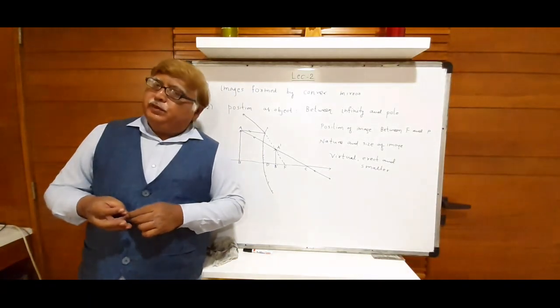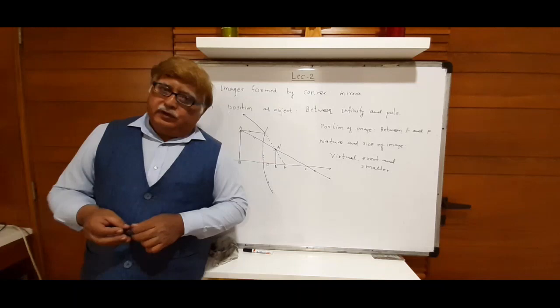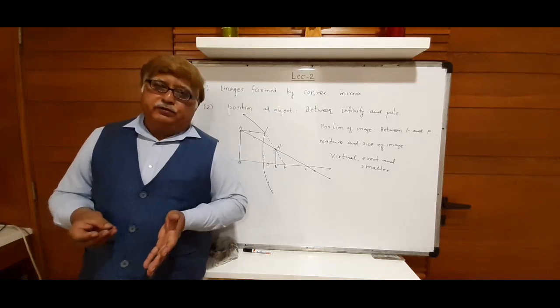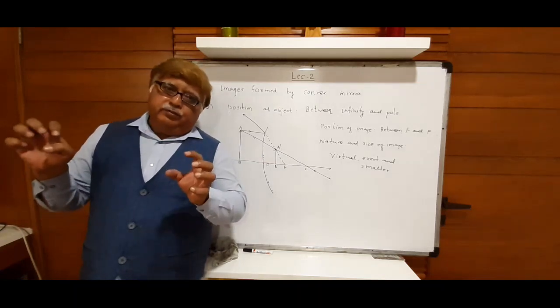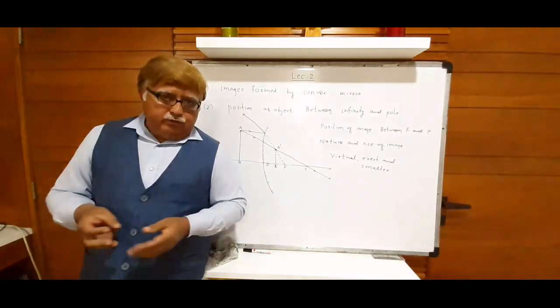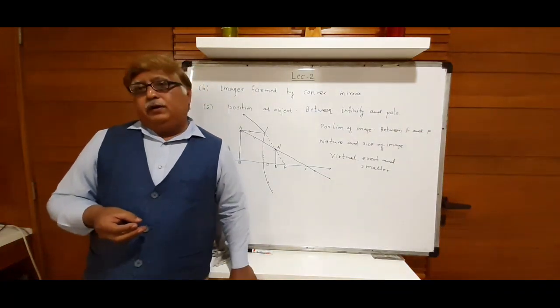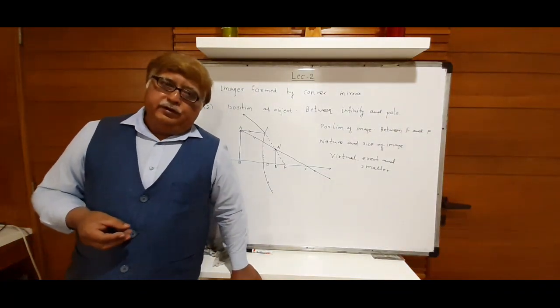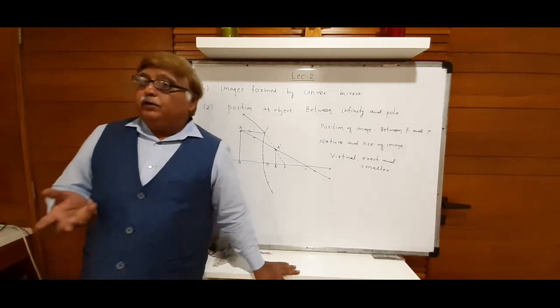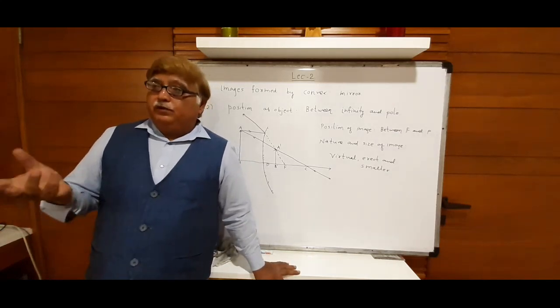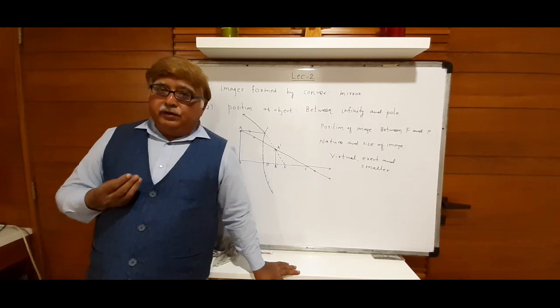So convex mirrors are mainly utilized, understand, for which purpose? For rear view mirror in vehicles. That is the use of convex mirror, already understood, right? Why? Can you guess why we are not utilizing plane mirror there?